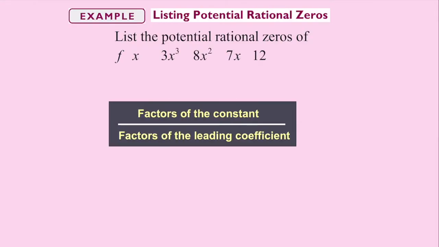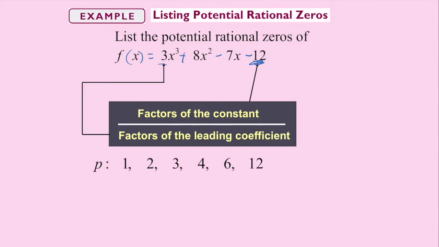Here in the PowerPoint is a worked through example. If I have f of x is 3x cubed plus 8x squared minus 7x minus 12, and this should show up better in the PowerPoint you were given, then I need to take all factors of my constant, which is negative 12, over all factors of my leading coefficient.